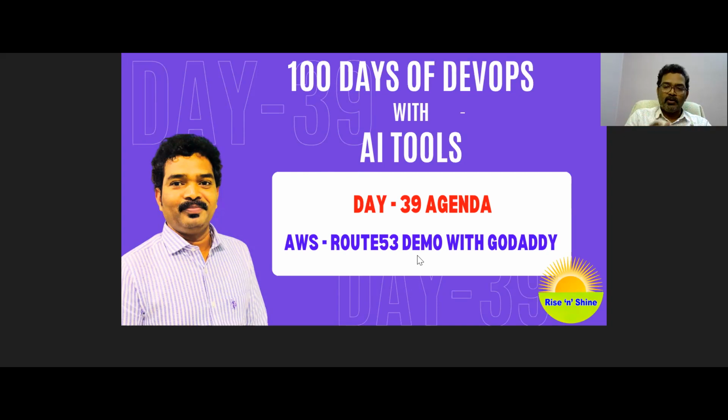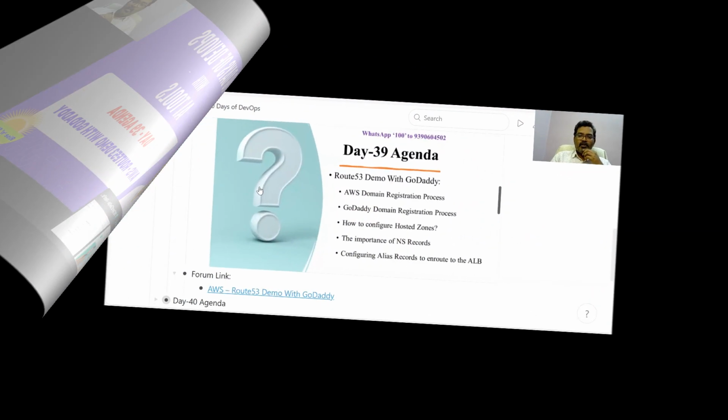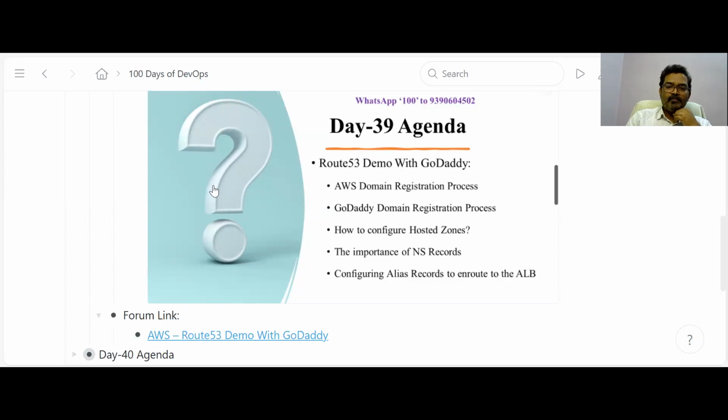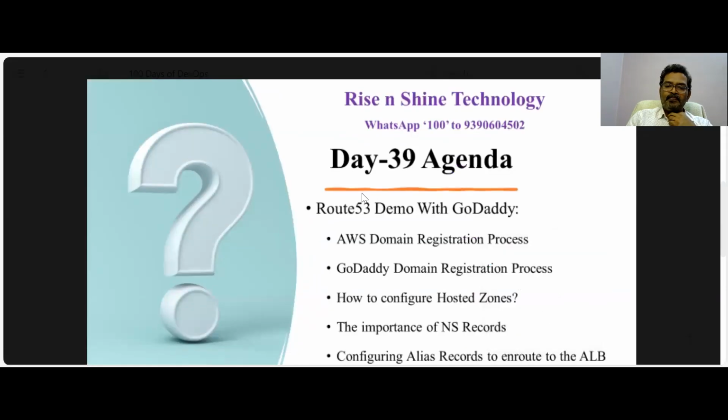If you have enrolled in the course, the high-level points of what you are going to learn in this session I'm going to mention here. This is our workflow, the Route 53 demo with GoDaddy. That is the main agenda.